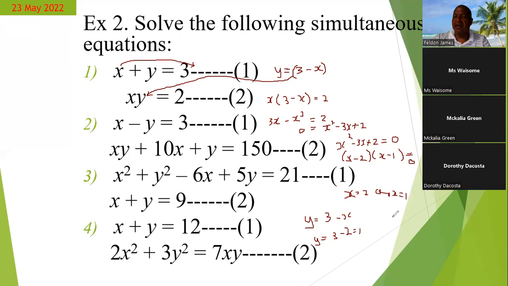For the other scenario, when x equal to 1, you have y equal to 3 minus 1. And in this case, y would be equal to 2. So you would have 2 values for y. y would either be 1 or 2. And then you have 2 values for x. x would either be 2 or 1.